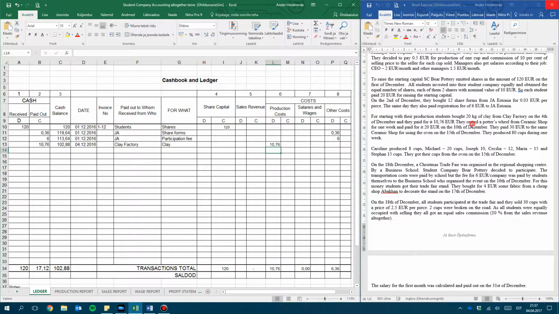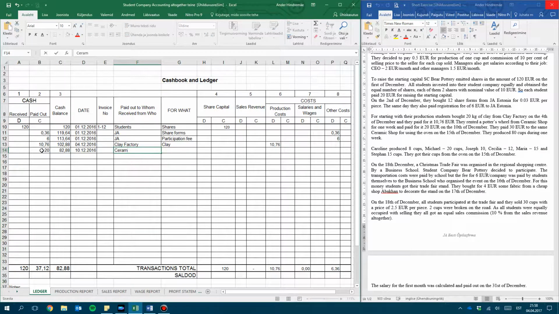Then they rented the pottery from the ceramic shop for 1 week and paid €20 on the 10th of December. So they paid €20 for the whole period. Again, we're going to credit it to the cash account. New balance is 82.88. The date was the 10th. No invoice right now.